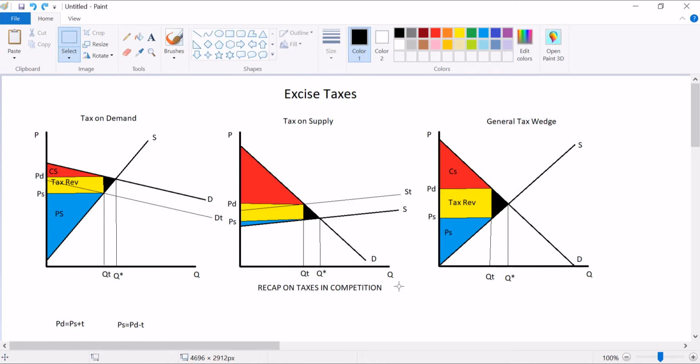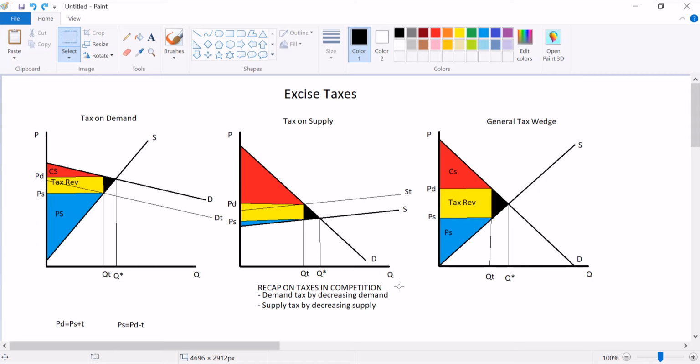So a quick recap on what we learned here. If you want to put a tax on the demand curve, decrease the demand curve, creating that DT curve. If you want to put a tax on the supply curve, decrease the supply curve. In the end, it doesn't actually matter which one you do. The tax wedge still happens either way, and nothing is actually different.